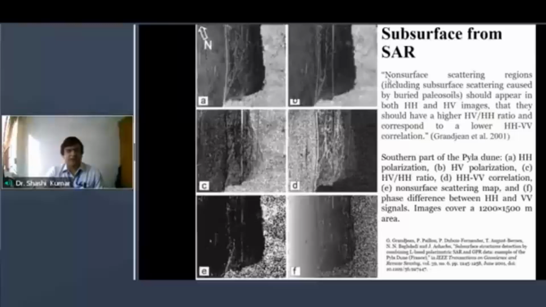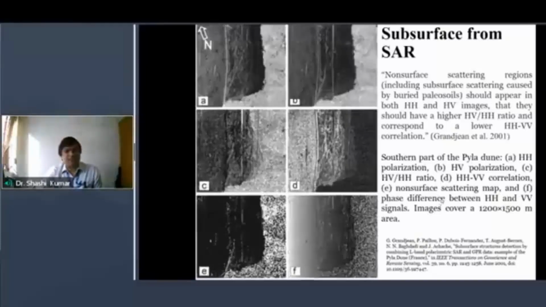What they found is that non-surface scattering regions, including subsurface scattering caused by buried paleosoils, should appear in both HH and HV images, with a higher HV by HH ratio and a correspondingly lower HH minus VV correlation.